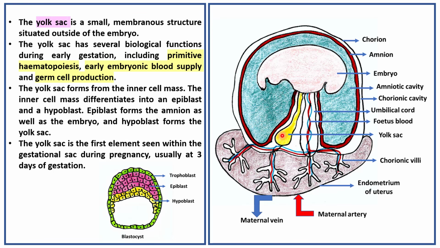The yolk sac is the first element seen within the gestational sac during pregnancy, usually at 3 days of gestation. Actually, umbilical cord as well as the fetus blood vessels take some time to develop. Before that, fetus gets its stuff from this yolk sac, since it develops very early.